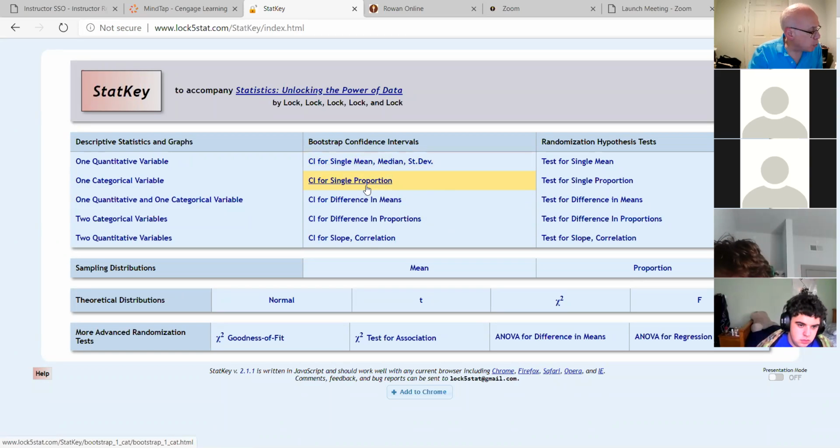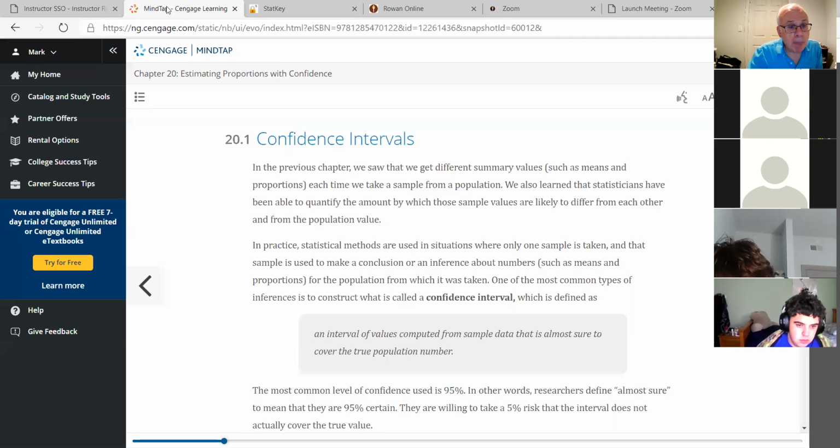So chapter 20 in your book deals with confidence intervals for proportion. So let's go back to the book for a minute. Let's hold on one second.